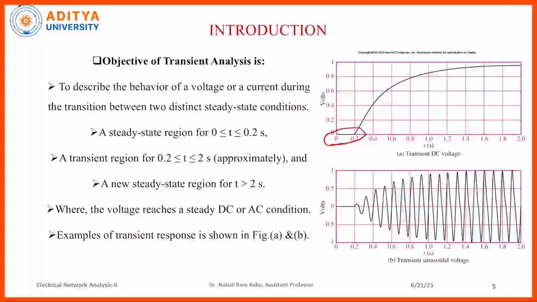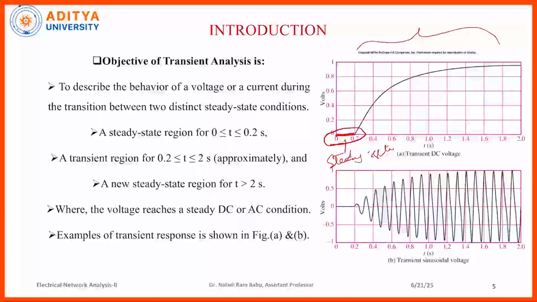If you look into the figure, from 0 to 0.2 seconds, during this interval of time, our output voltage is 0. That means this state is called steady state. From 0.2 to 2 seconds, you can see that the current increases exponentially, at a high rate. In between 0.2 and 2 seconds, our voltage has increased from 0 to 1 volt.